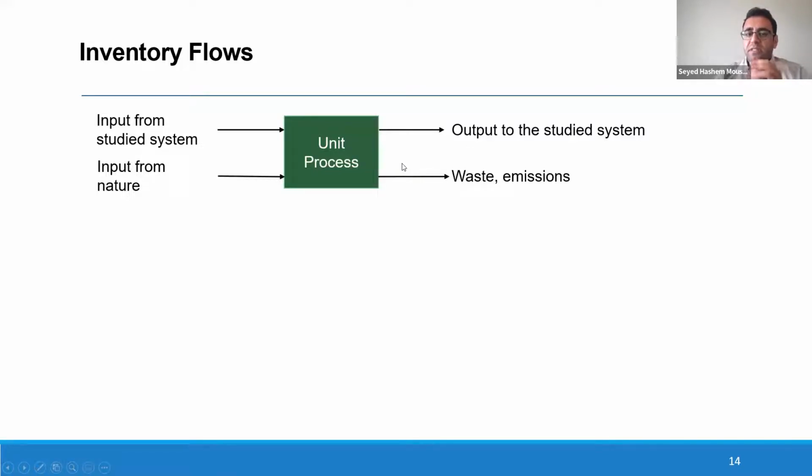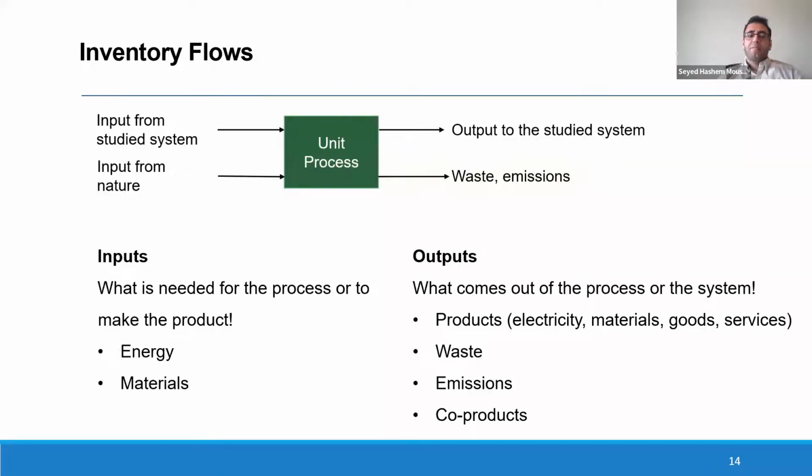The unit process is the smallest unit of the system that we can quantify these flows for. Inputs usually include energy and material, and the outputs can be products such as electricity, materials, goods or service, waste, emissions, and co-products.